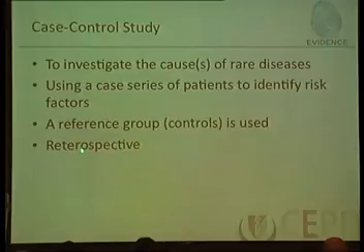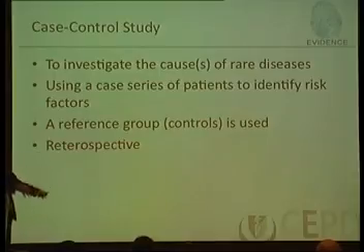Get people with thalassemia, and people with no thalassemia, and study the exposure in the past, what happened in the past, between the diseased people, or the disease sample, and the reference group or the reference sample. So you go back in time. You start with the disease, now, and you go back in time.